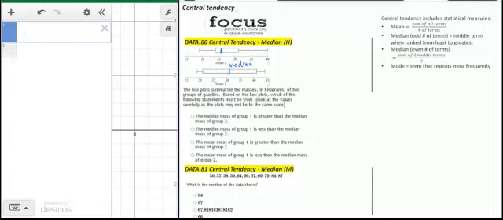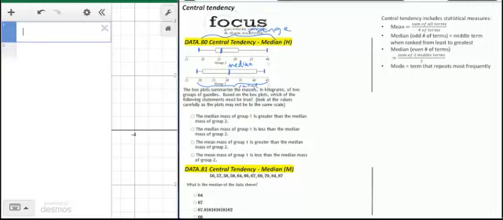The other type of question I've seen deals with the range of numbers. If you look at the range, which is cut off by the ends of these whiskers, here and here, or here and here, that's going to give you the total range of values.